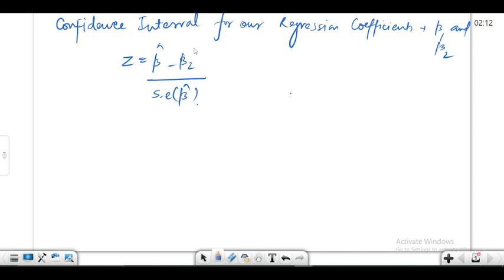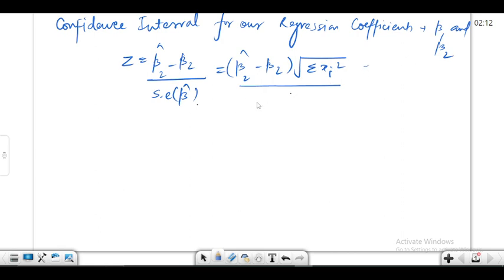This can also be written as beta 2 hat minus beta 2 upon the square root of sigma square over summation xi square. We have talked about this when we were talking about the variance and standard error of our estimators. In that video we had discussed how these values are coming.